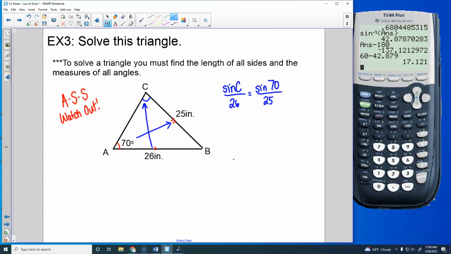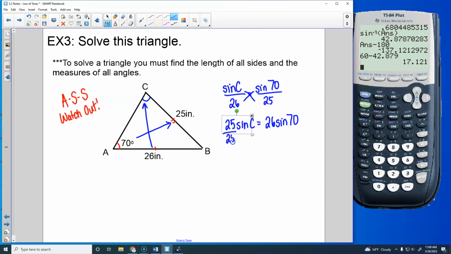And just like we did for the last problem, we're going to cross multiply, we're going to solve for this C, right? So in the first part, there's no checking for ambiguous case. You're just setting it up like you would any problem. 25 sine C equals 26 sine 70. Like the last problem, anytime you're finding an angle, inverse trig is going to be involved.